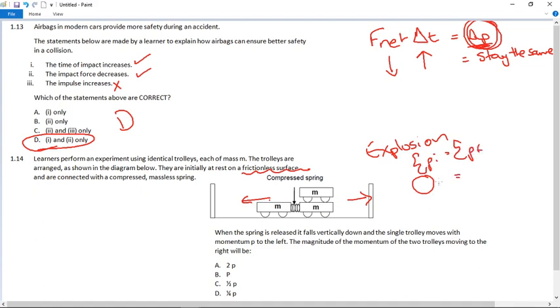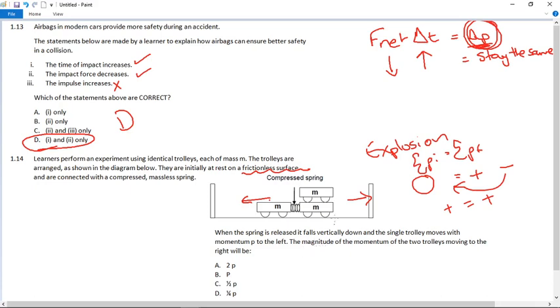So 0 equals the one on the left plus the one on the right, and because they move in different directions, one will be positive and one negative. When you bring the negative over the bracket, it becomes positive and the two sides are equal.